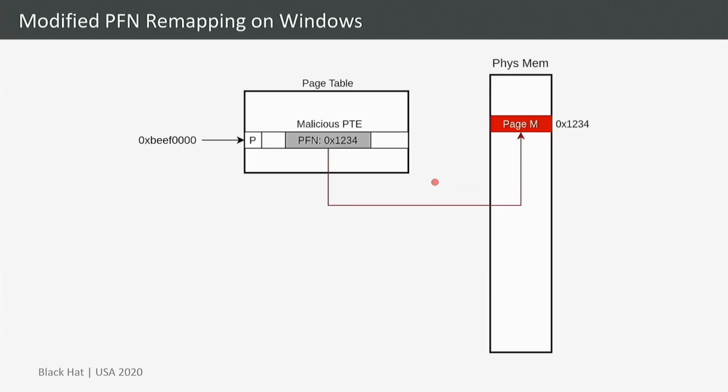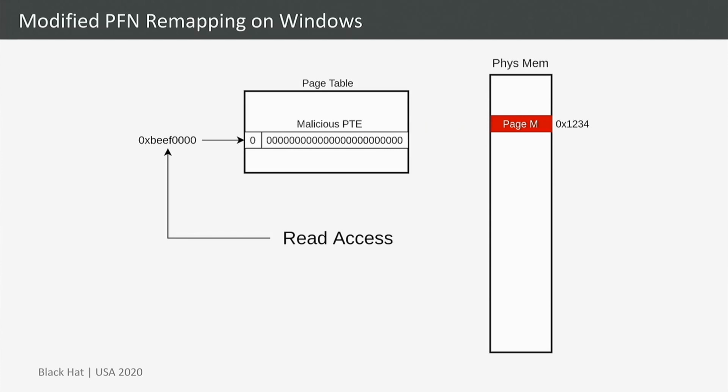So we came up with a little workaround in this case. This is the initial situation, so the PTE points to malicious memory. What we now do in order to prevent the detection is, in the first step, to erase it, similar to the PTE erasure, but we added some additional steps.